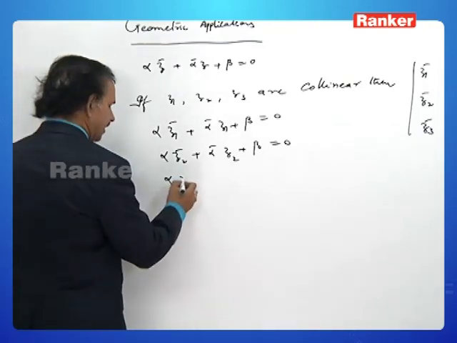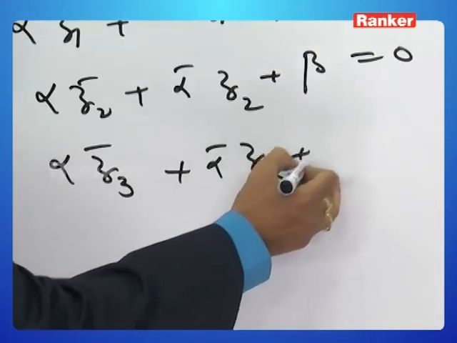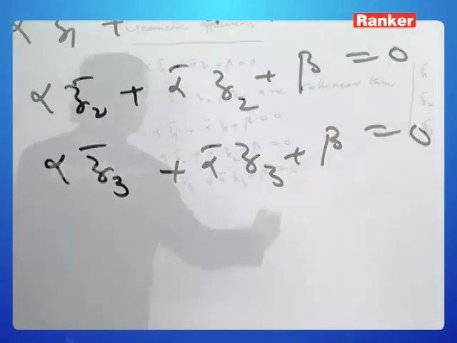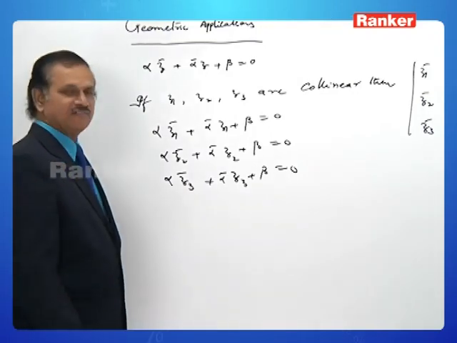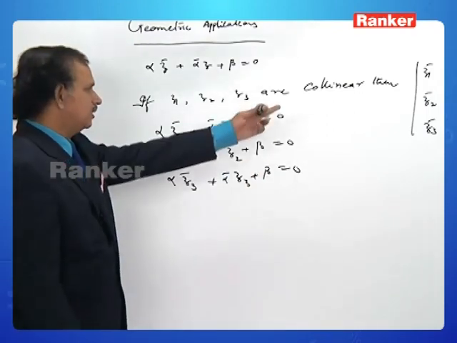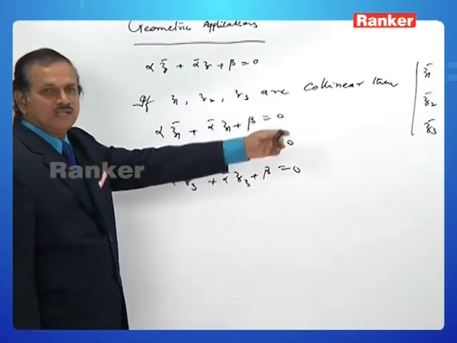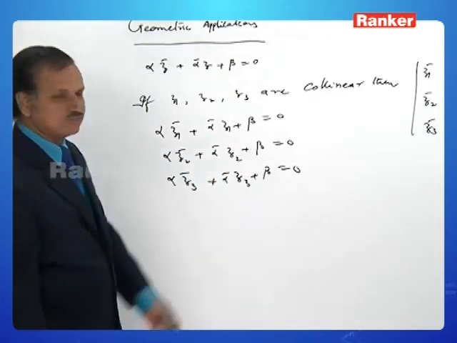Then alpha Z3 bar plus alpha bar Z3 plus beta is equal to 0. You just eliminate alpha, alpha bar and beta among these three equations, and in just one step you are able to achieve the answer.